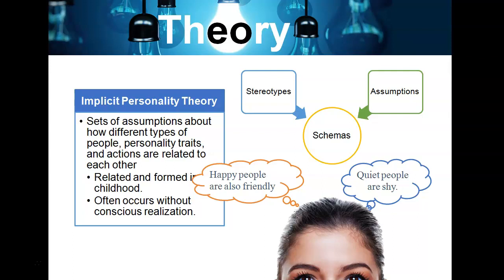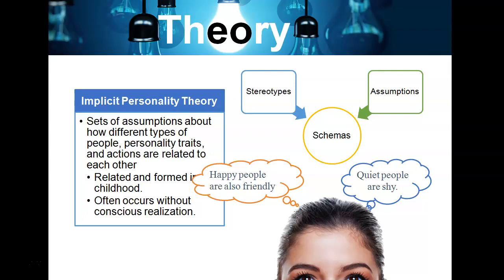So it's these stereotypes and assumptions that form together these kind of brief ideas that we have in our head, or these schemas, which we've talked about before in this class, of essentially how certain people are. So happy people are also very friendly. So if a person seems really happy, they're also going to be really friendly. Quiet people are shy. So if there's a quiet person, chances are they're also very shy.